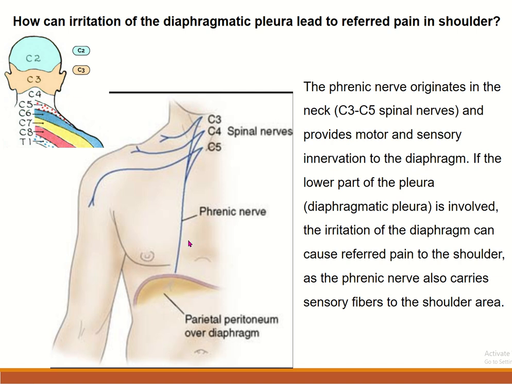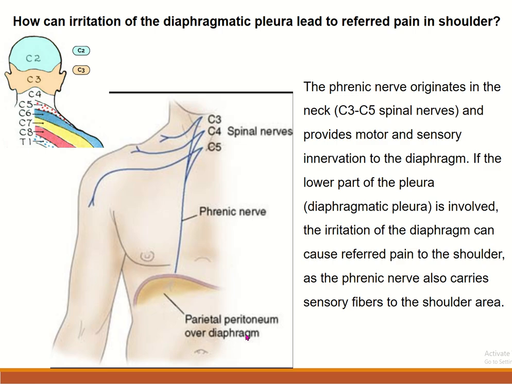So irritation of the mediastinal pleura or diaphragmatic pleura causes referred pain radiating to the shoulder area, because the dermatome of the shoulder is cervical 3, 4, 5. So the pain of the pleura is misinterpreted in the shoulder, on the affected side.